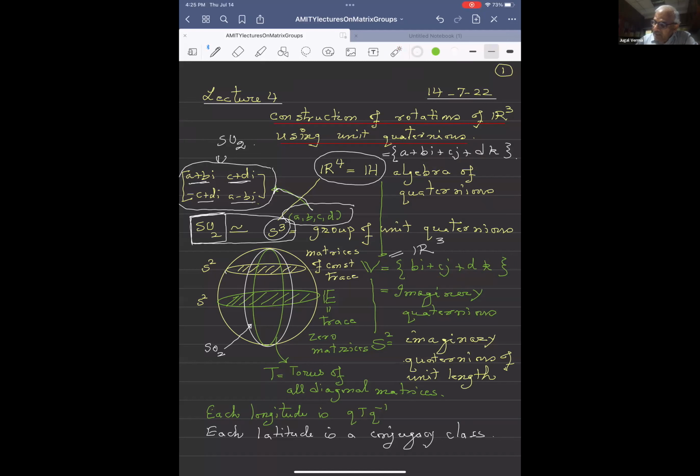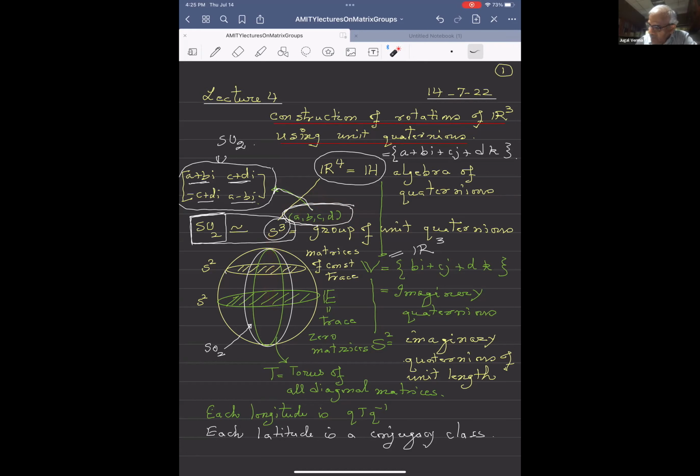The convention about quaternions is that when we look at this quaternion a, b, c, d, the vertical axis is for the first coordinate, that is the a axis.